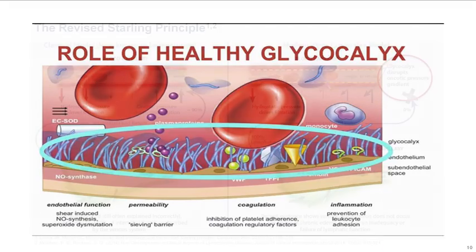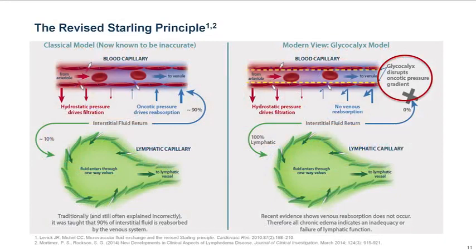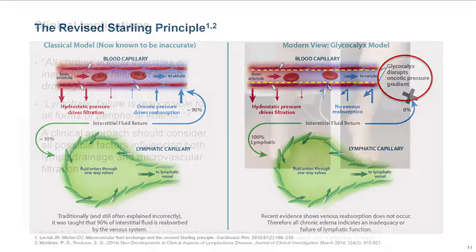In the revised Starling principle, we note that the Glycocalyx prevents reabsorption of lymphatic fluid into the vein, and now we recognize that 100% of all lymphatic fluid must enter the lymphatics to be returned to the venous system.